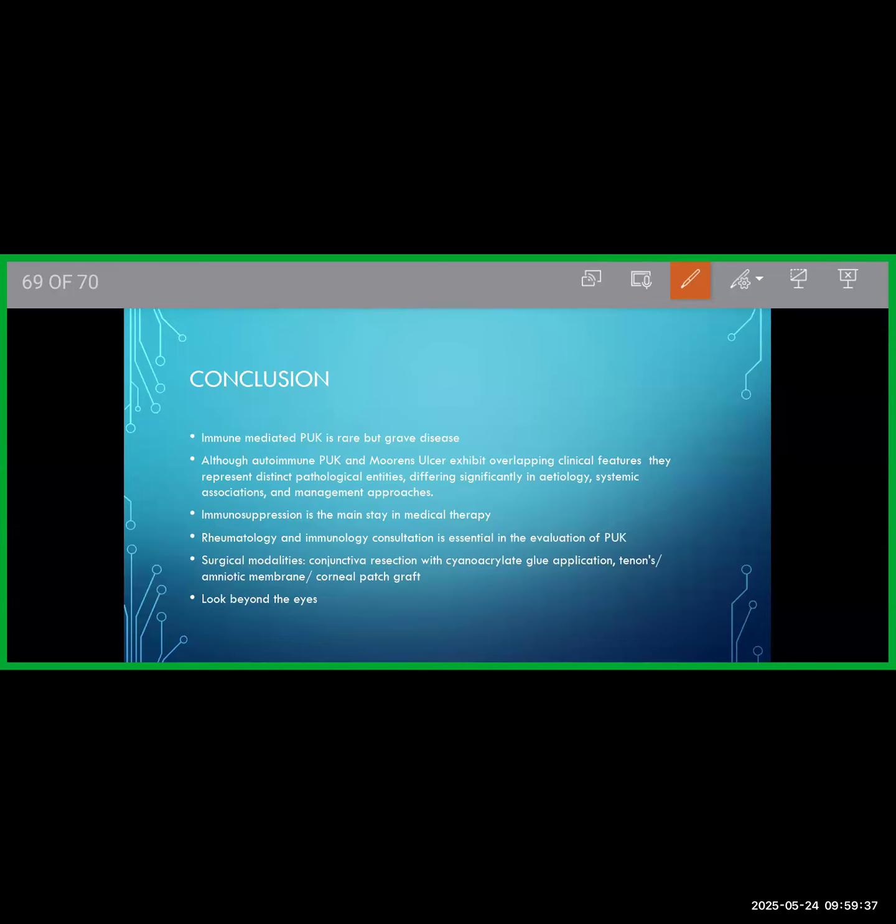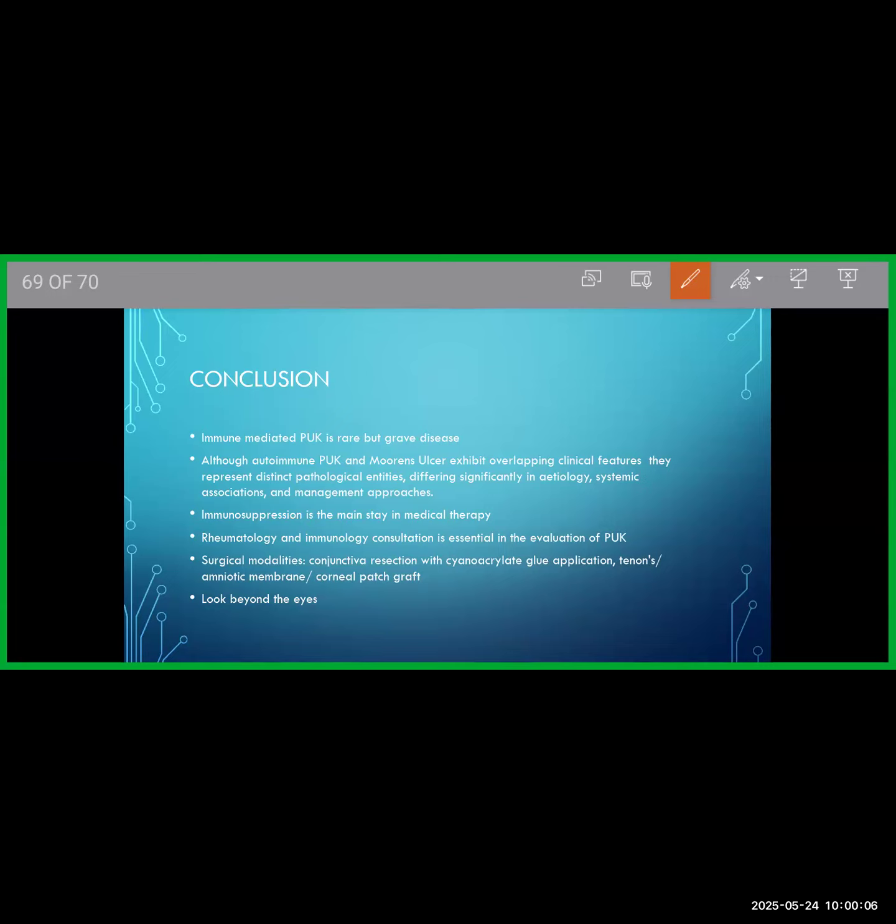I think I'll take it one by one. For peripheral ulcerative keratitis, they may have associated scleritis. Just as I mentioned in the presentation, they may have contiguous tissues involved, like the sclera. So they may have associated scleritis, episcleritis. Whereas Mooren's ulcer does not usually present with scleritis.